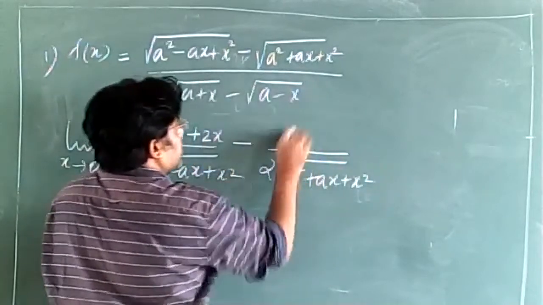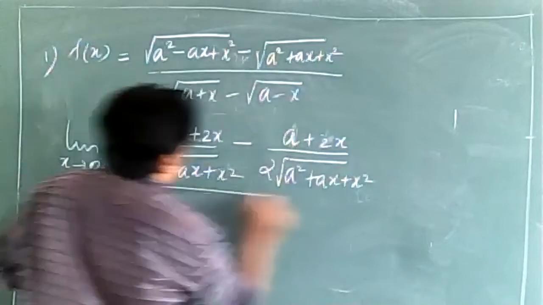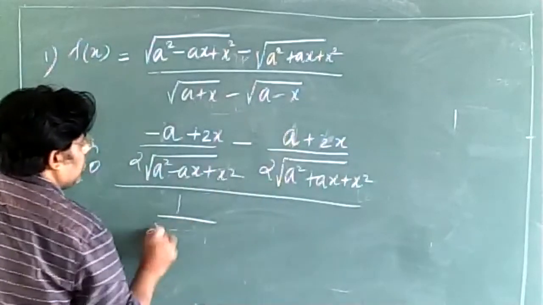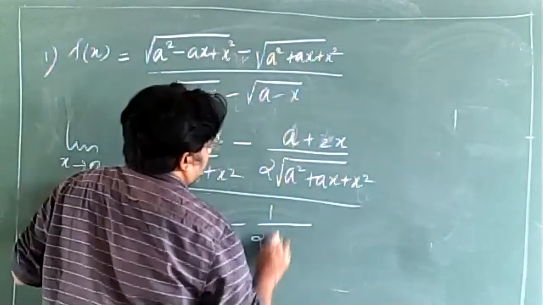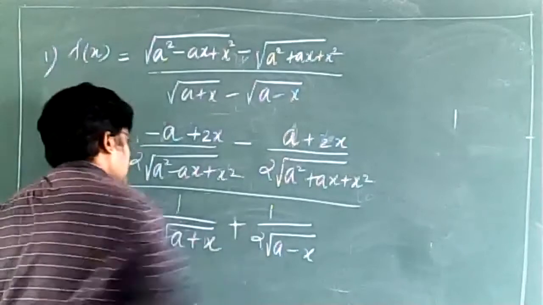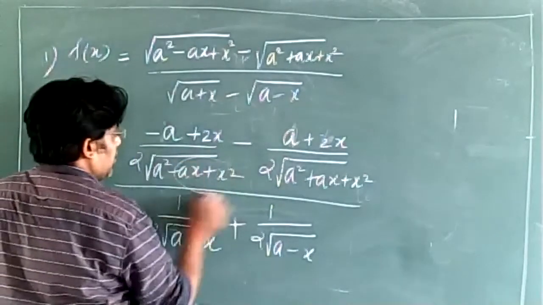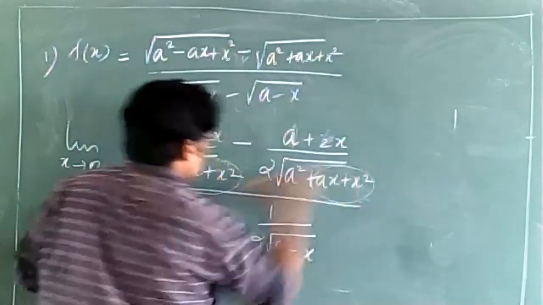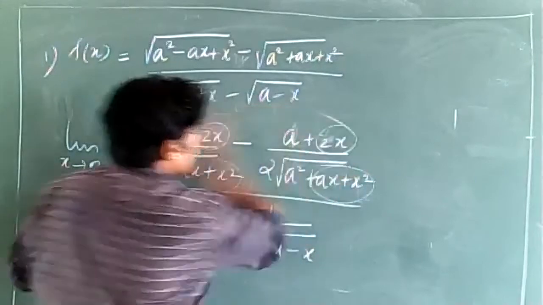Differentiation of ax is a and x square is 2x. Same thing with this. 1 by 2 root of a plus x minus 1 by 2 root of a minus x. Differentiation of a minus x is positive plus 1. As x tends to 0, this part becomes 0. This is 0. So this is 0, this is 0, this is 0.